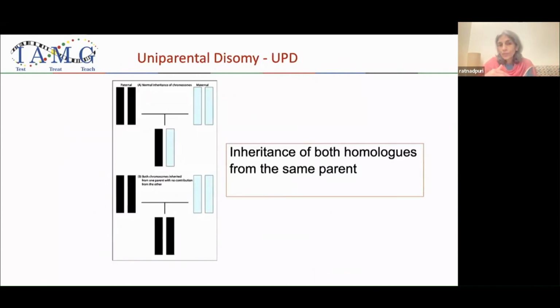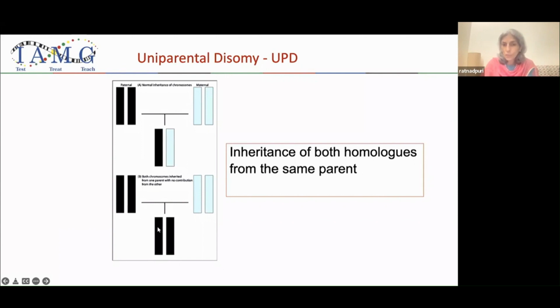Along with genomic imprinting, we have another concept that is referred to as uniparental disomy. It's important to understand this to understand the genetics of disorders that occur because of genomic imprinting. Normally, for every chromosome there are two parts: one is inherited from the father and one from the mother.